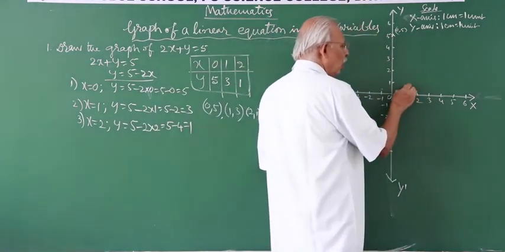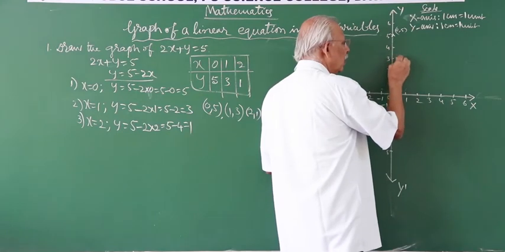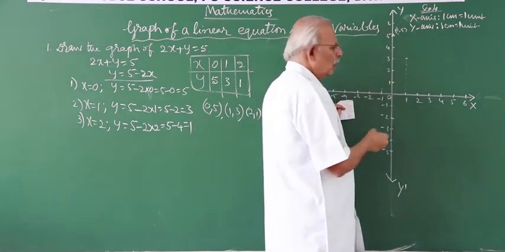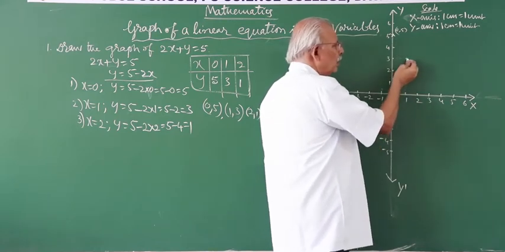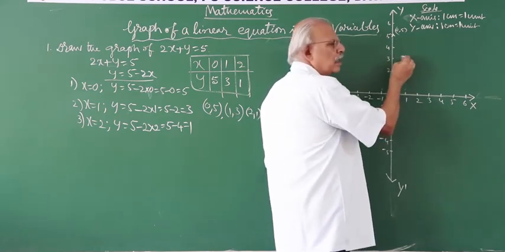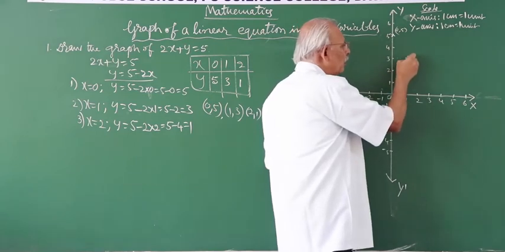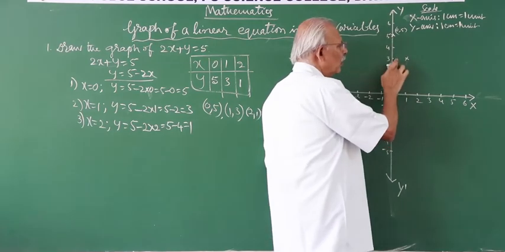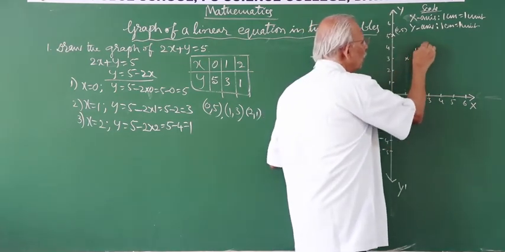From 1 go upward like this. From 3 come horizontally. They meet at this point. You need not draw these lines, they are just for your reference. That is (1, 3).